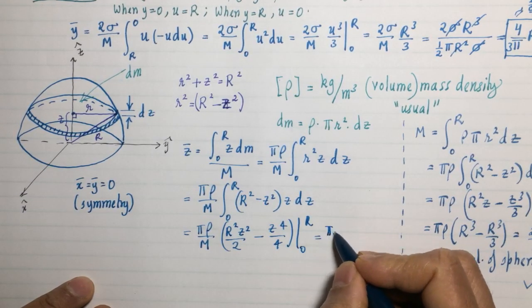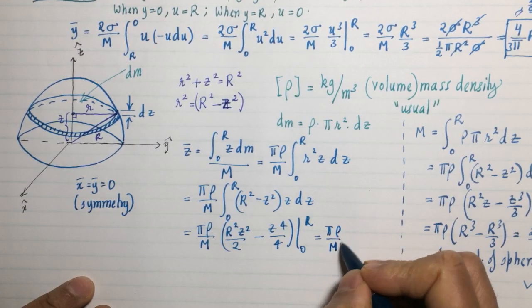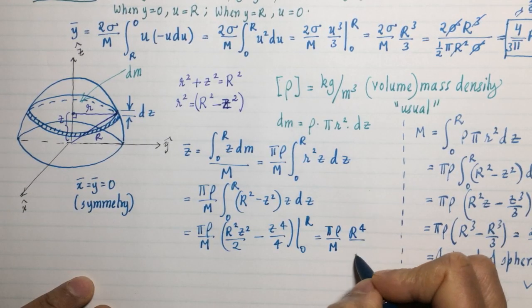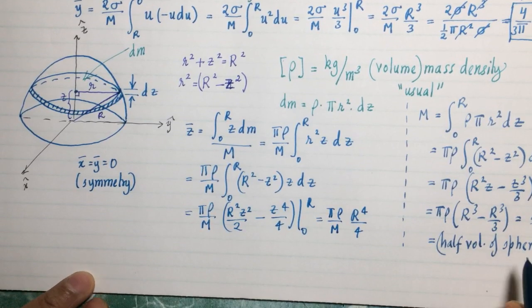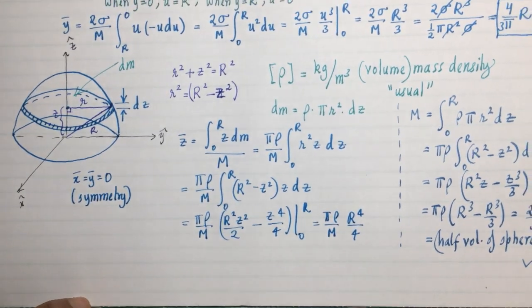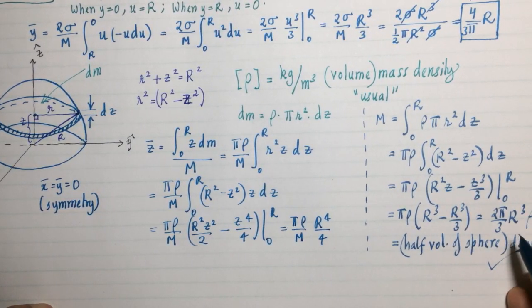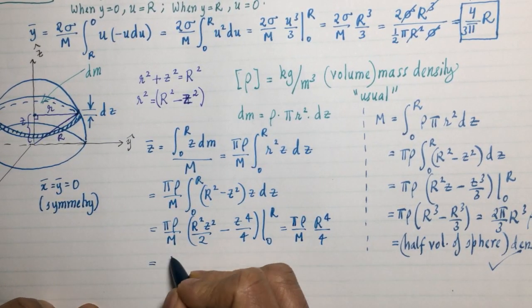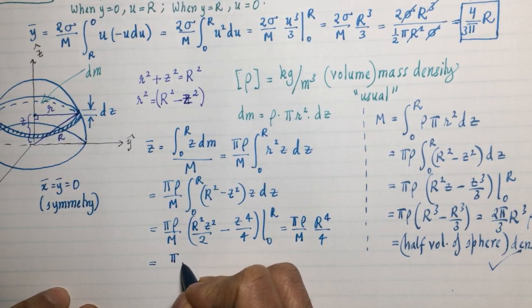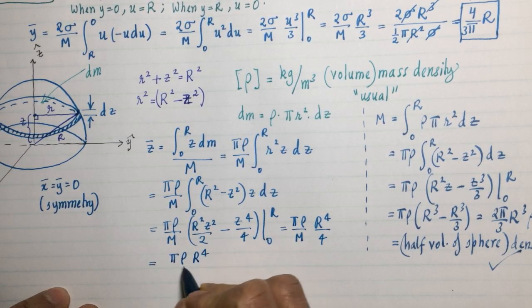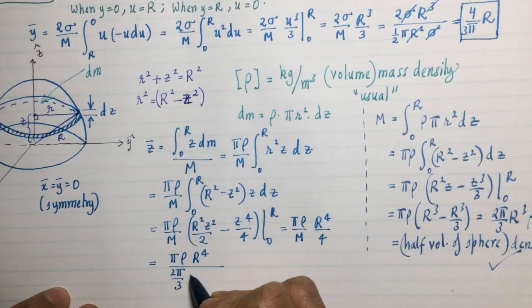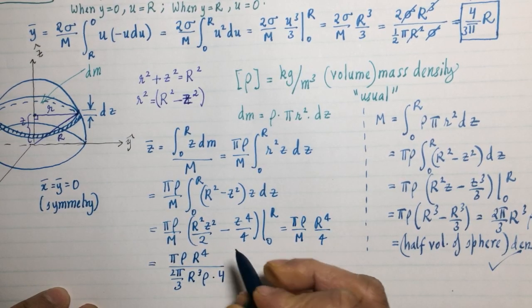So I get pi rho over M, R to the fourth over 4. And as the last step, substitute for capital M from here. Capital M is just given there. So let me just write all that. Pi rho R to the fourth over 2 pi over 3 R cubed rho times 4.